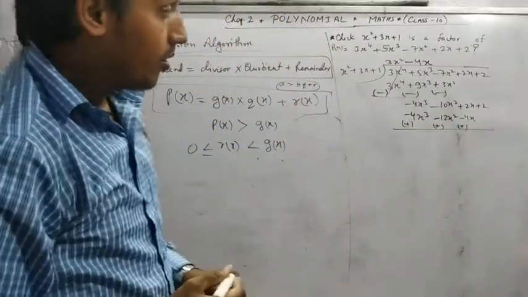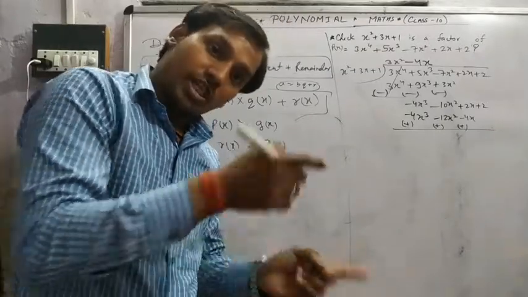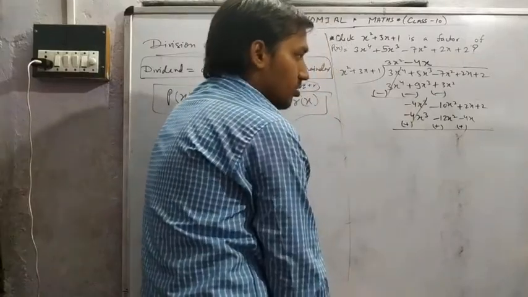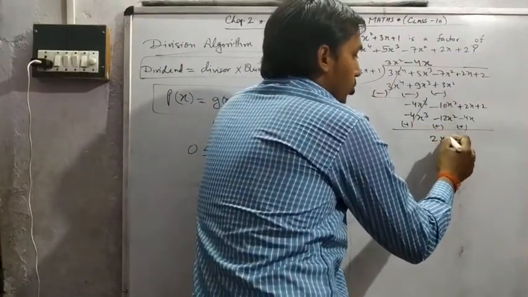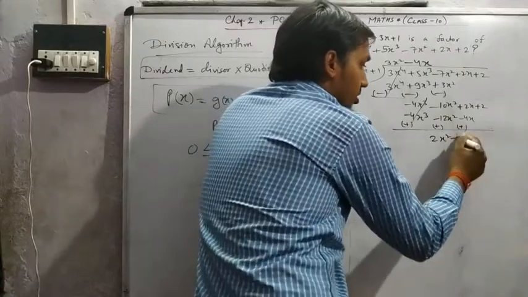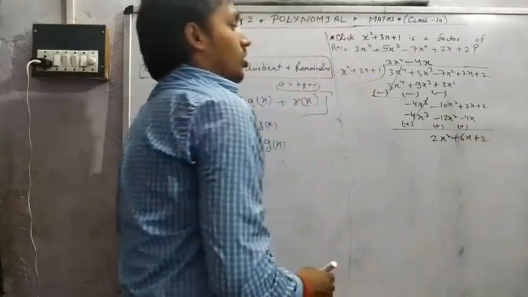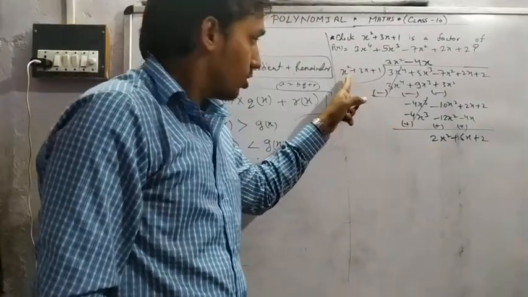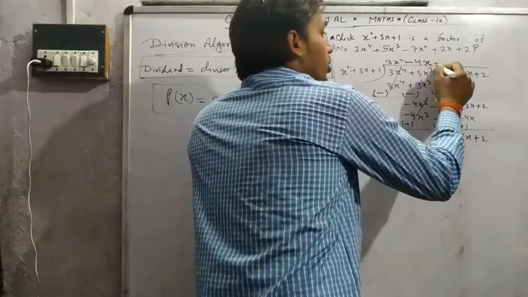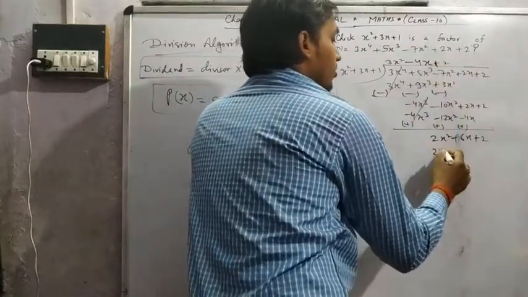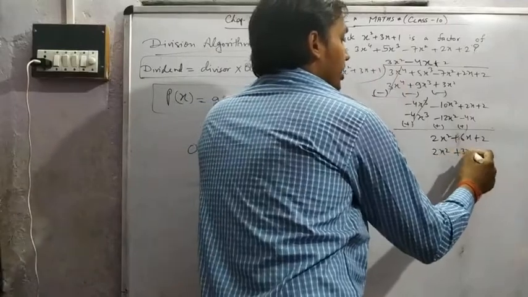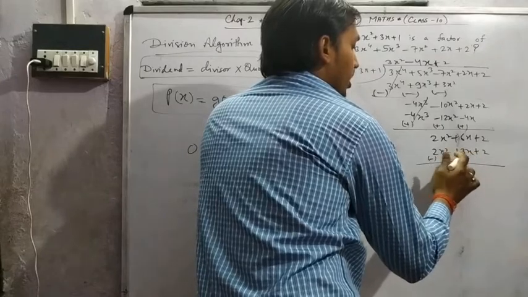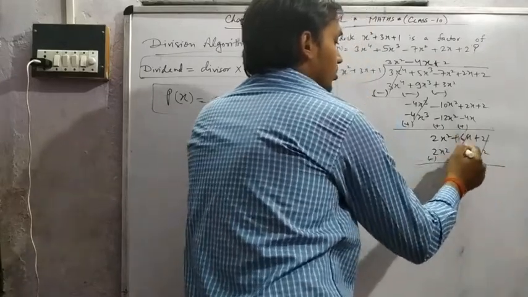Sign change. Always use the negative sign: plus 2 changes to minus, minus 2 changes to plus. Always cancel out. Here, that is the 2x square, this is 6x plus 2. Then we want 2x square, here only x square. So 2 times 2x square, 2 3 is 6x, 2 1 is 2, change the sign, means subtracting, cancel out.